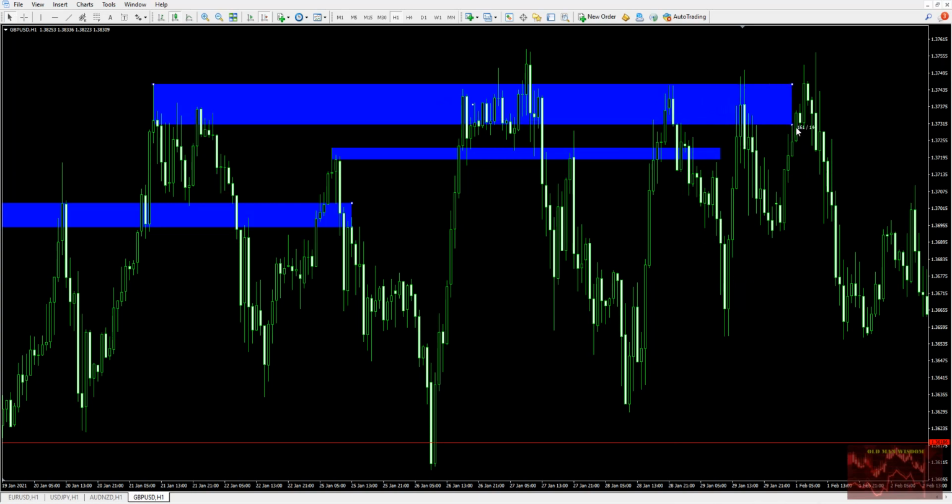I won't make this video too long, and I'm sorry it's going on, but this is quite an important video in a way. So price comes down, it bursts back through this zone again. It bursts back into this zone.